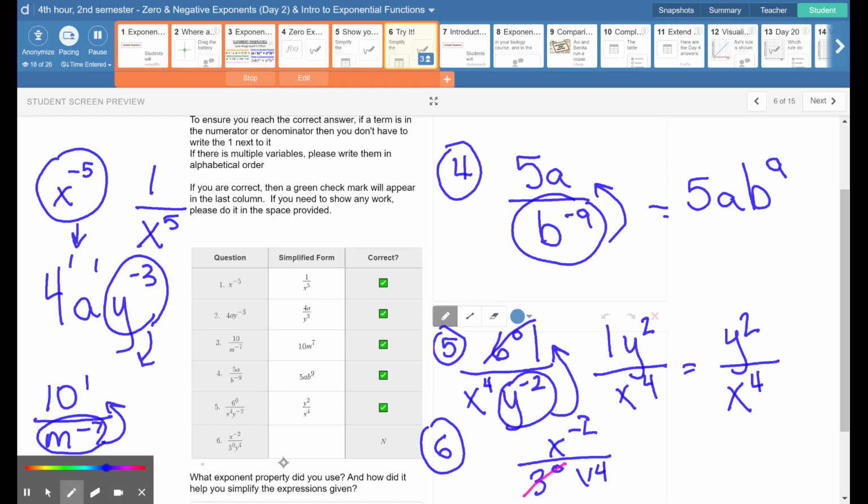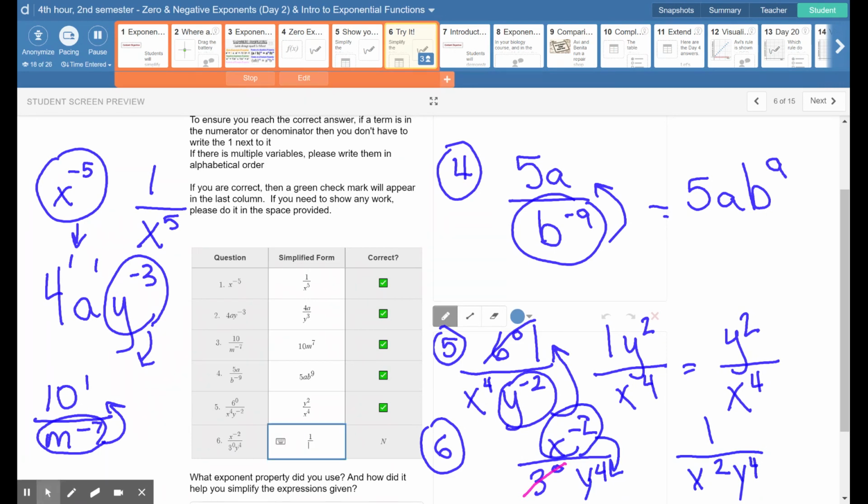And then I have this x to the negative 2, which needs to be moved to the bottom. Now, when everything moves to the bottom, we have to put a 1 on top. And then remember alphabetical order, x squared, and then y to the 4th because it stayed. So then we have 1 divided by x squared, y to the 4th.